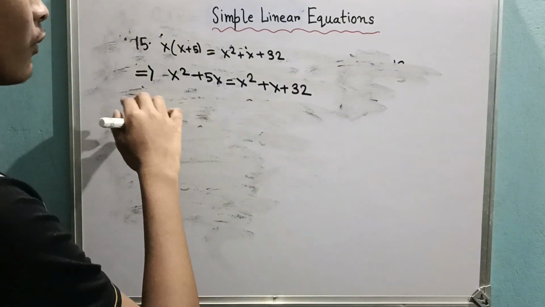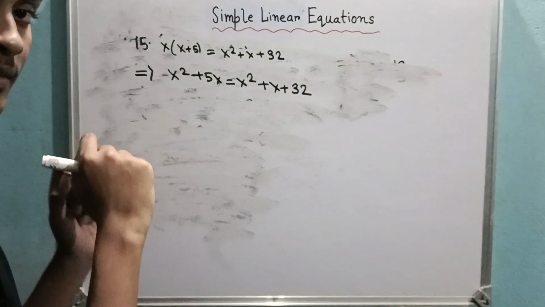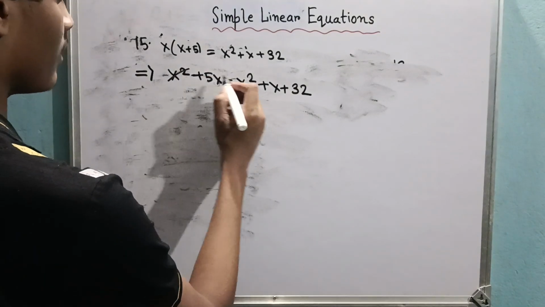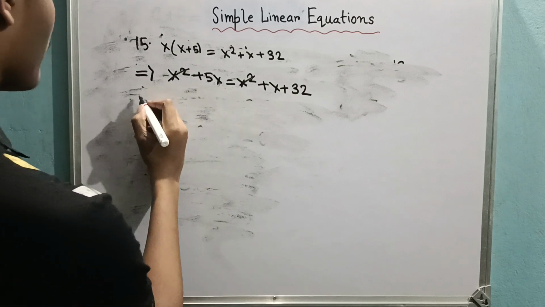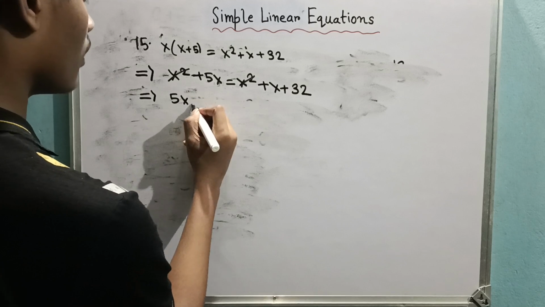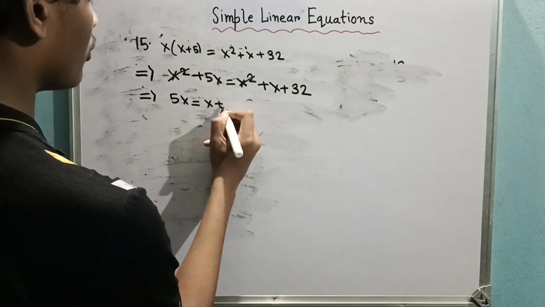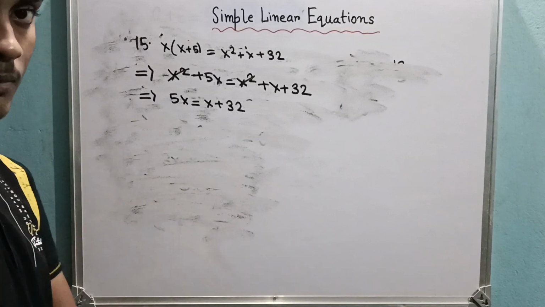Now I have told you that if you see two terms on two sides that are the same terms and with the same sign as well, just cancel it out. So now what we can see, we'll be writing clearly 5x will be equal to x plus 32. Let's shift the x terms to one side and the constant term to the other.